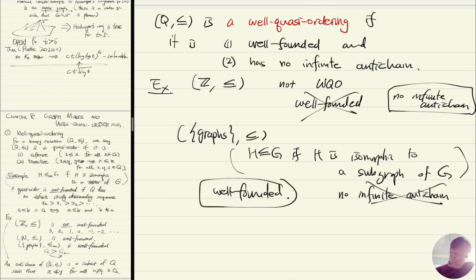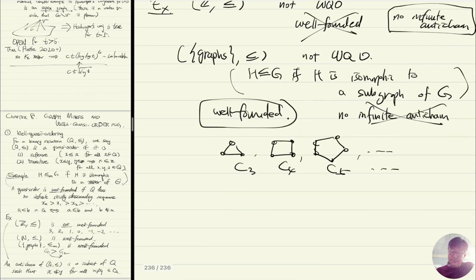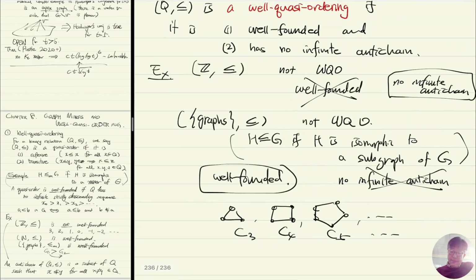How do we know? Well, you just take the cycles of different lengths, C3, C4, C5. No graph is a subgraph of another. So it's an infinite antichain. So it's not a well-quasi-ordering. Right?